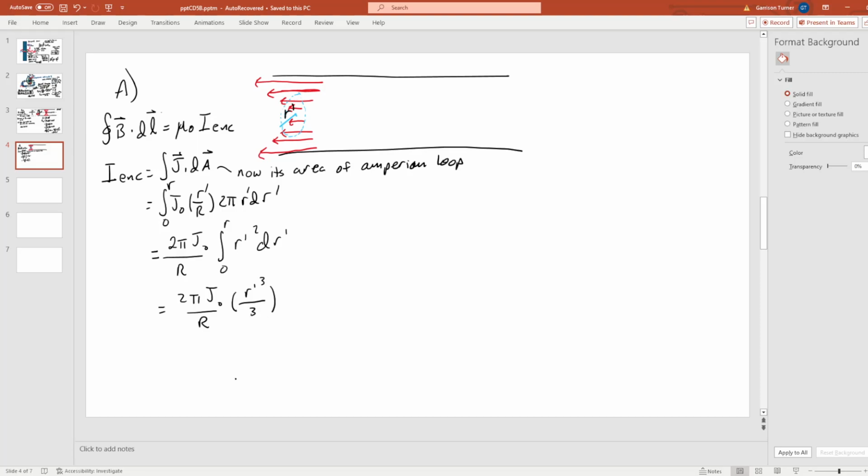Okay? And so what this is showing you is that your enclosed current is going to be a cubic function of r inside the wire, all right? So now that we have that, now we can plug this into Ampere's law.